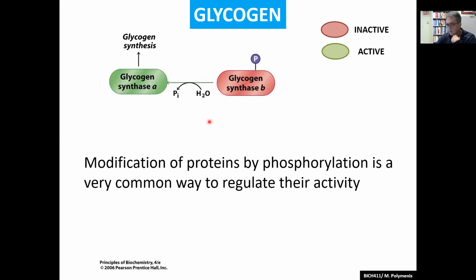It sticks one glucose after the next and makes chains in glycogen. But if you phosphorylate it, it becomes inactive in this case. That doesn't mean that all phosphorylations are inhibitory. In this case, if you phosphorylate glycogen synthase in a particular location, to be exact, that outcome is inhibitory.